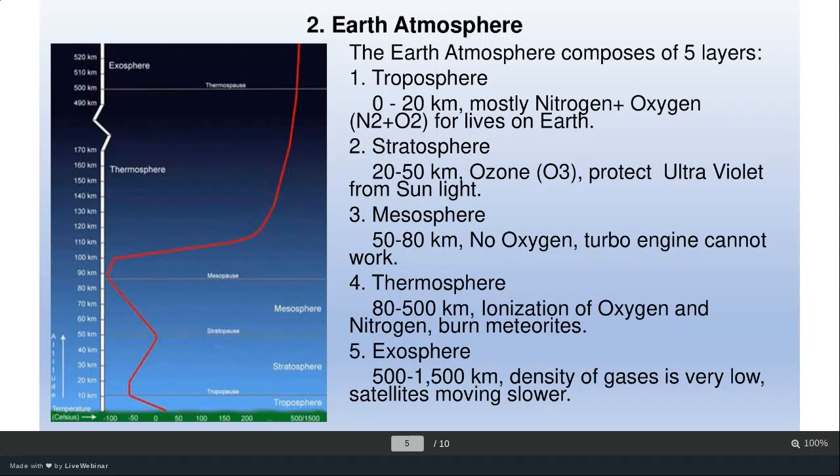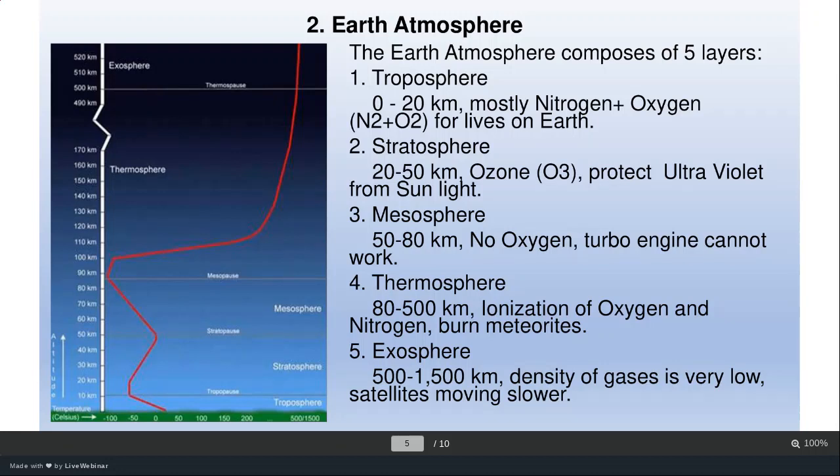The second is the stratosphere, located from 20 to 50 kilometers. This layer contains ozone, or O3, to protect from ultraviolet, or UV, from sunlight. The third is the mesosphere, between 50 and 80 kilometers. This layer has no oxygen, so a turbo engine cannot work.